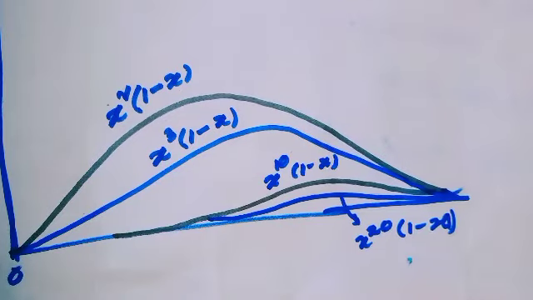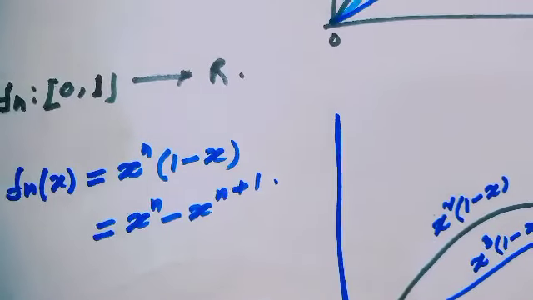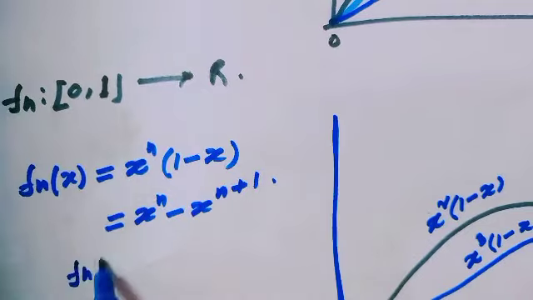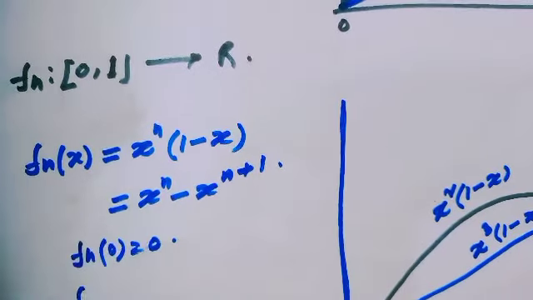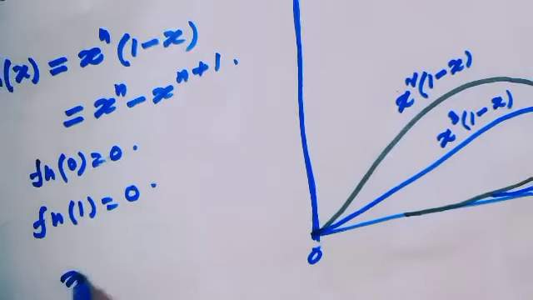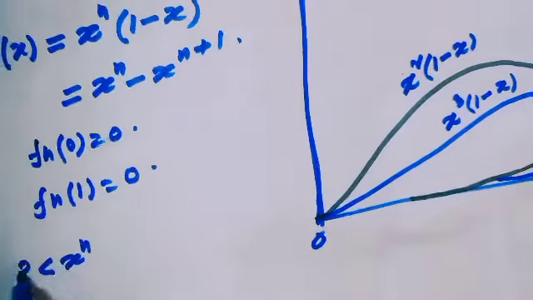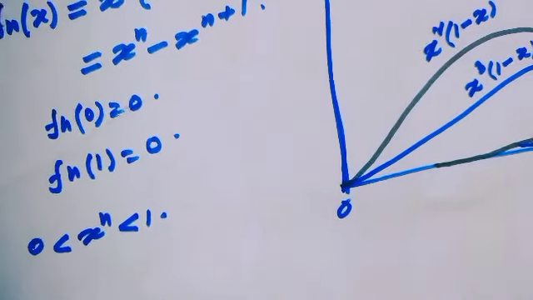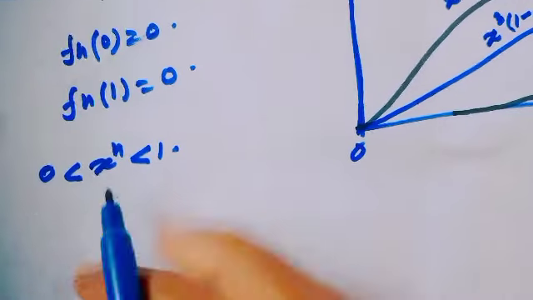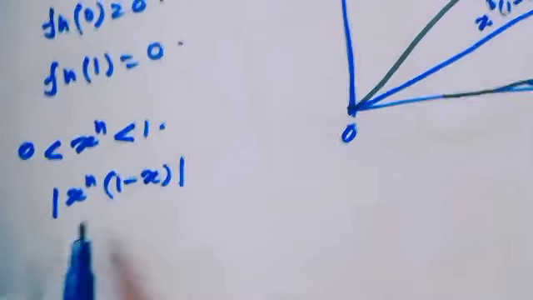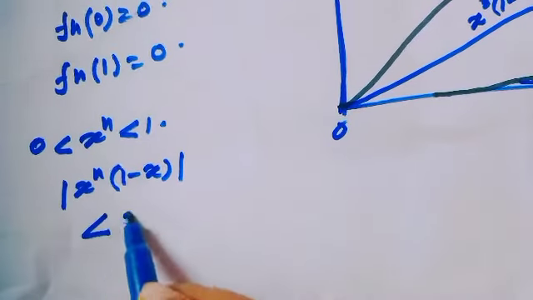At first, for uniform convergence, we have to check the pointwise convergence. Here, obviously fn(0) equals 0 and fn(1) equals 0. And since x lies in the interval [0, 1], the absolute value of x to the power n times (1 minus x) is obviously less than x to the power n.